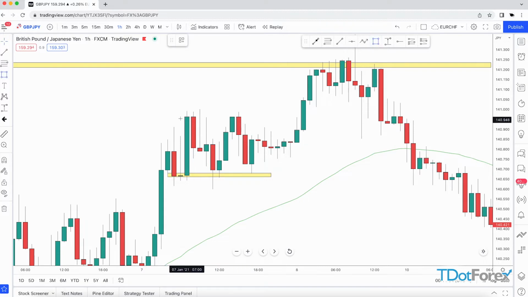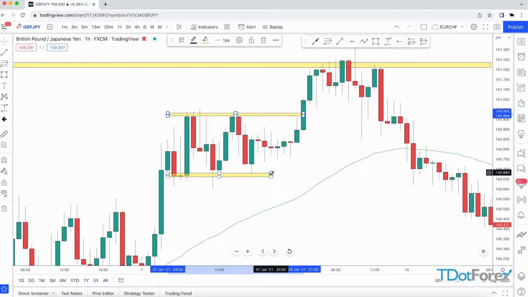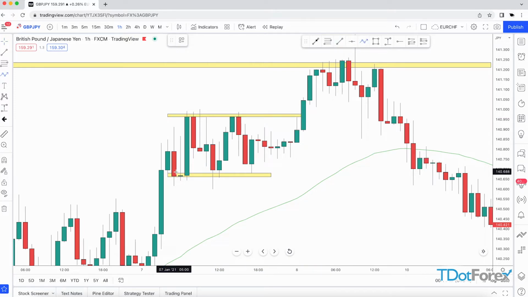And we can also see a range on this end, right? Let's just say this is the third touch here. And there you go, 1 and 1, 2 and 2. And the third touch right here, right to the top, the third touch right there.